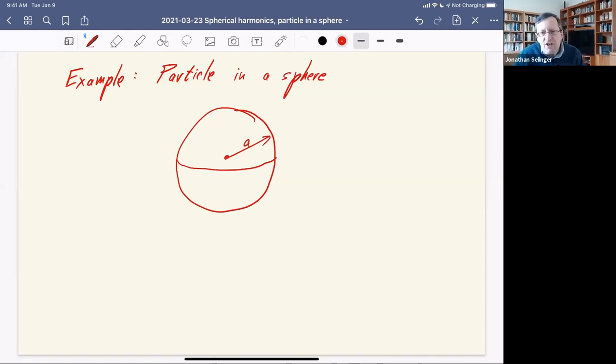So it's a spherical container instead of a rectangular container for the particle. So that means that the potential energy is equal to 0 if r is less than or equal to a, and it goes to infinity if r is greater than a.